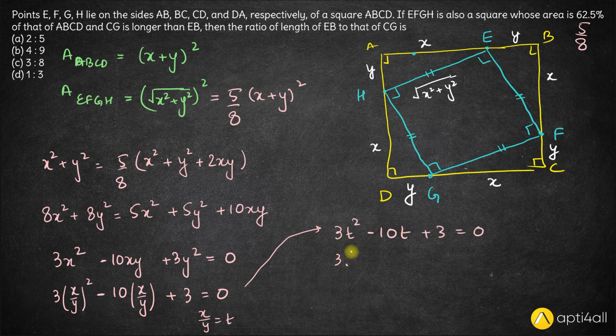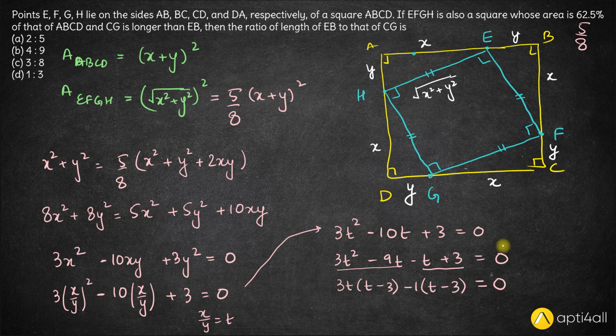Now using the splitting the middle term method, we can write minus 10t as minus 9t minus t, plus 3 is equal to 0. So taking 3t common here, we'll have t minus 3 remaining, and taking minus 1 common from here, we will have t minus 3 remaining from here, which will be equal to 0.